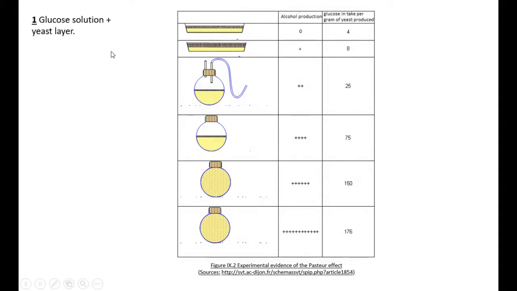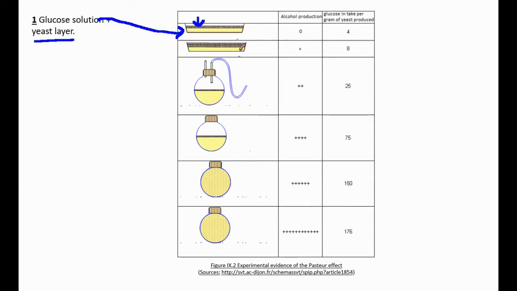So number one, the yellow line that we have at the bottom, this yellow line is a glucose solution. And on top, what we have here is a yeast layer.